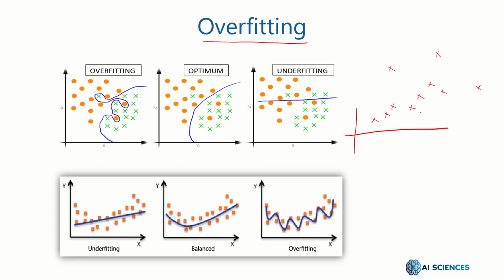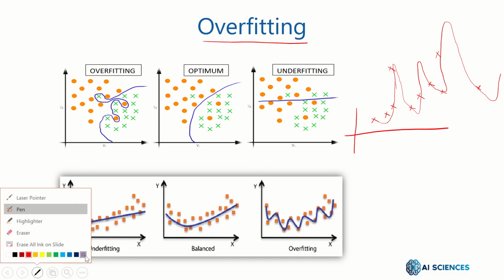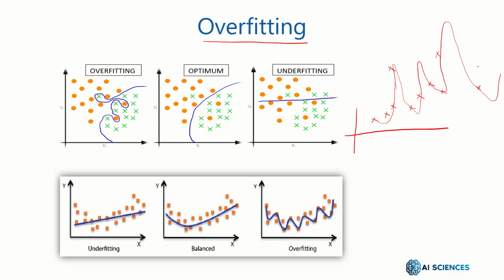If you fit a very flexible model, maybe the model goes like this, and that model may go like so. However, a better model exists, and this particular model tends to perform very poorly on the unseen data.